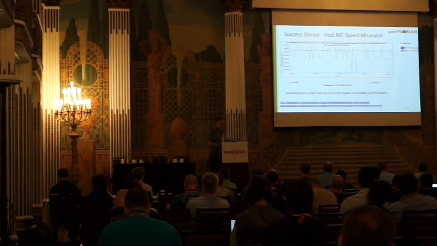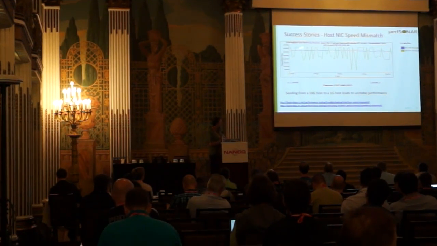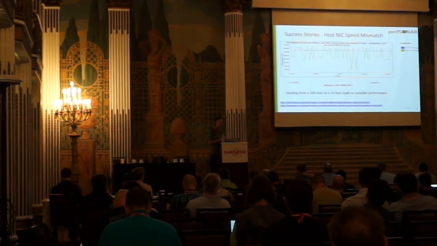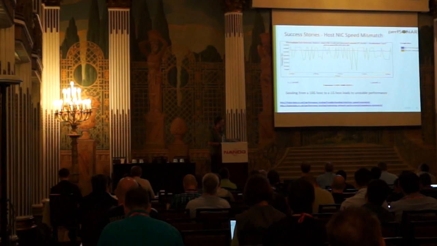And this is also another common profile we see. The more of these graphs you look at, you start to recognize patterns where performance in one direction is consistently good, and performance in the other direction is all over the map. This is typically a 10 gig host sending to a 1 gig host. 1 gig to 10 gig, everything is fine. 10 gig to 1 gig, you're overdriving the receive host periodically, and TCP just becomes a lot more unstable.